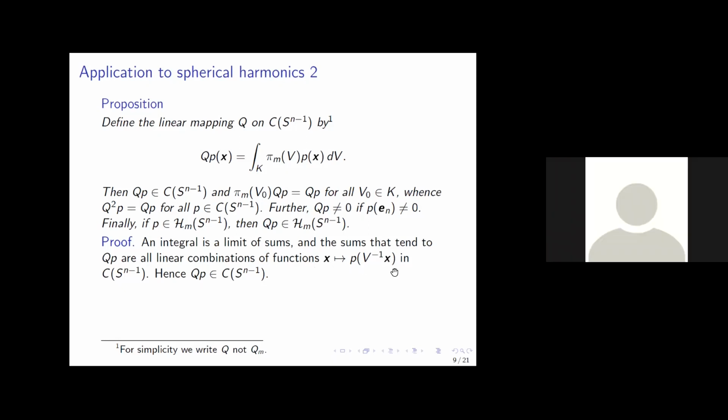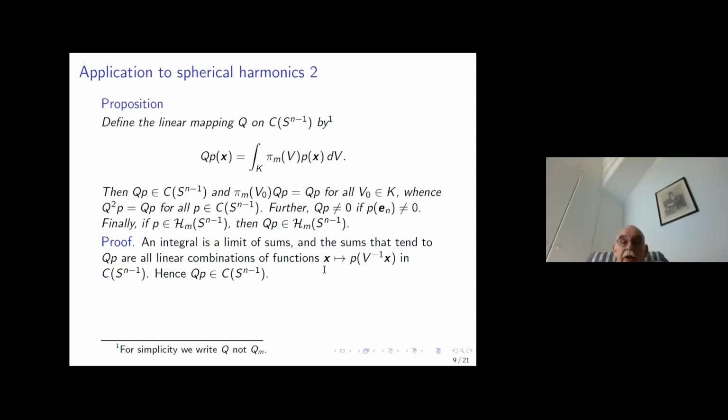Now, each of these functions is a continuous function. And so I'm taking a linear combination of continuous functions, and so I get a continuous function. And the integral, when it exists, well, normally we just take a regular limit, but here I'm taking a vector-valued integral, an integral in the space of continuous functions, and the limit exists in the space of continuous functions.